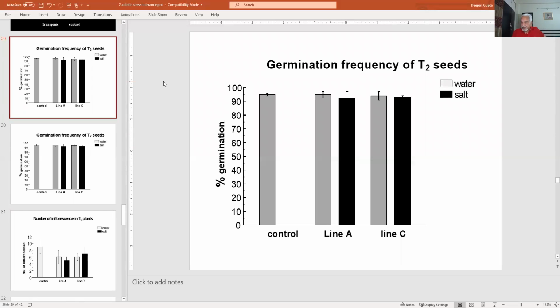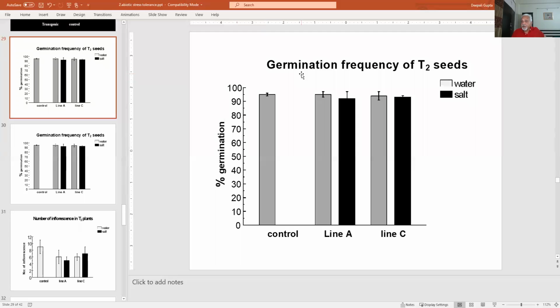So the seeds were collected here in the T2 generation, from the T1 generation, and then they were further analyzed. The germination process is very, very sensitive to abiotic stresses.